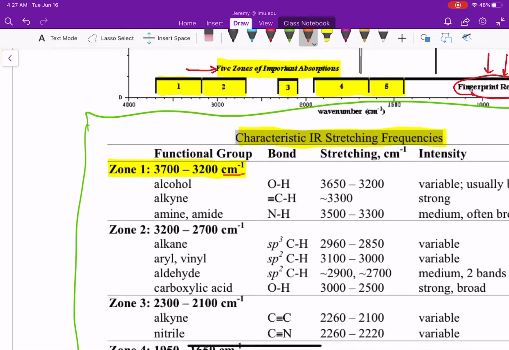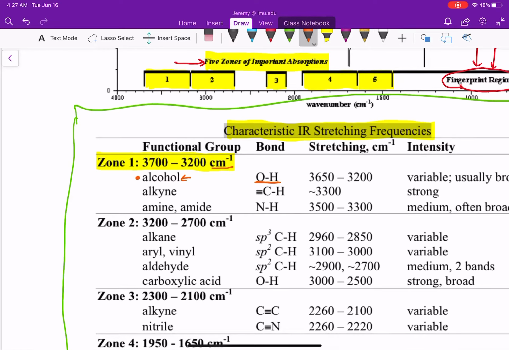There are three main functional groups we're going to be looking at. First is an OH bond, which can be found in the functional group of an alcohol. If your molecule has an OH bond, it will absorb infrared radiation somewhere between 3,650 and 3,200 wave numbers.